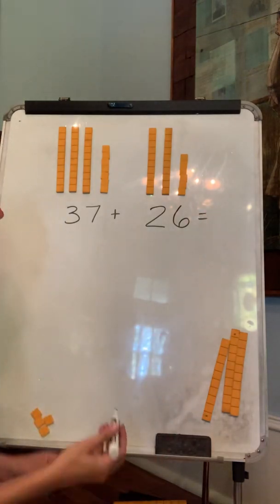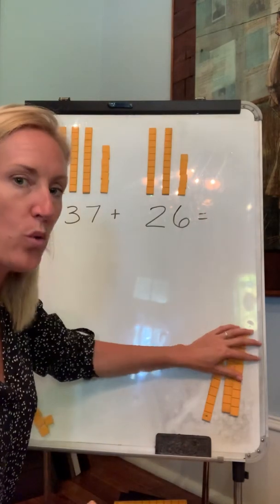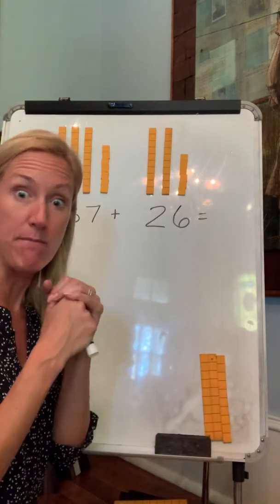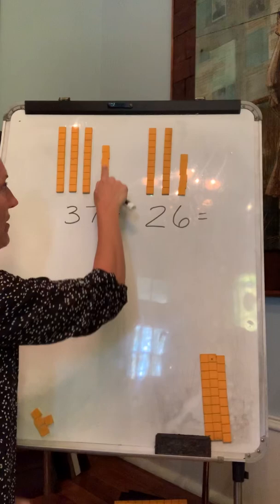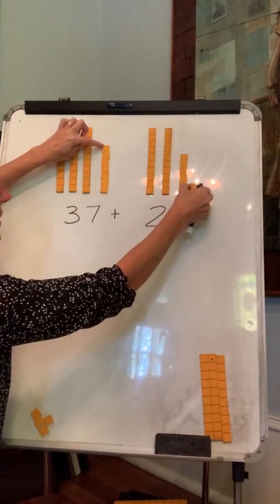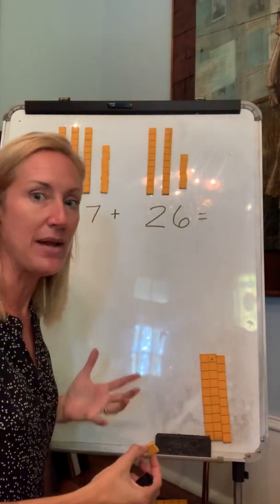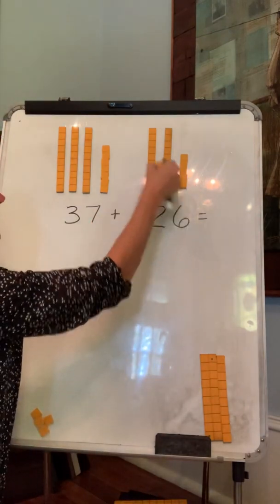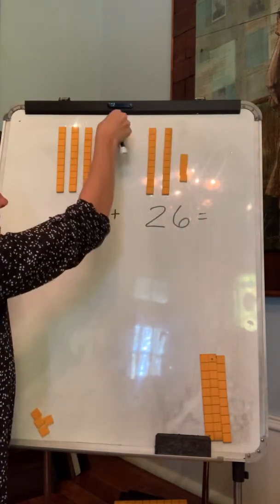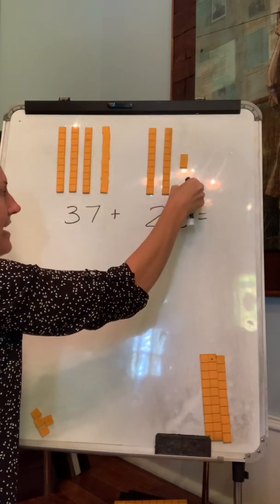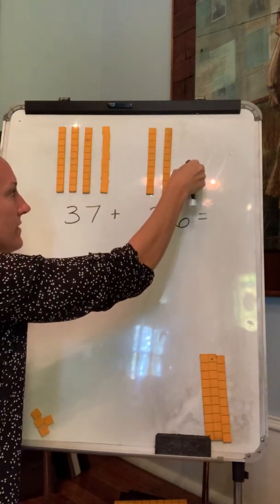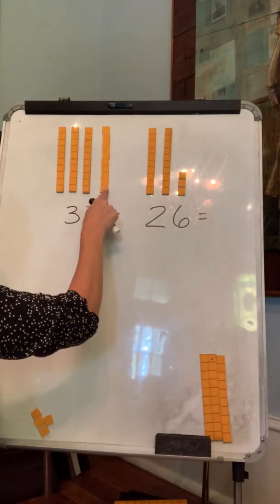Okay. Well, we said we always want to do the ones first in case we can make them into another 10. So let's look. We have 7 ones right here. So let's start putting some of our other ones over here and see if we can make a 10. Okay, so 7, 8, 9, 10. Now we only have these 3 little ones left over. This is now a 10.